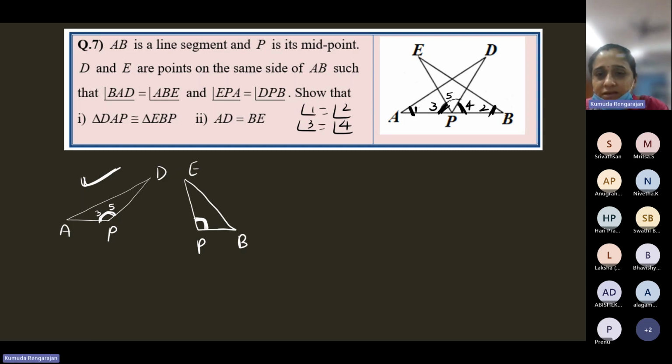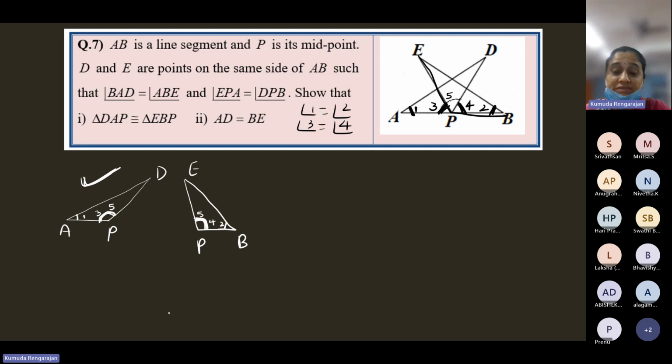So this angle here is 5 and 4 together. And this is angle 1. And this is angle 2. Okay, I think now we are ready.